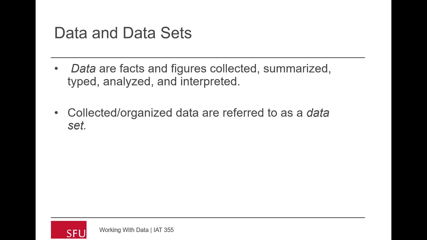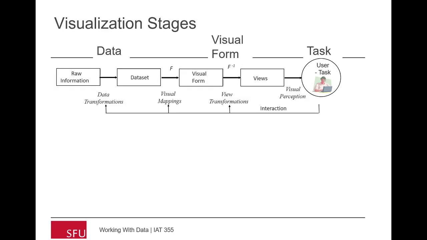So what are data? Well, data are facts and figures collected, summarized, typed, analyzed, and interpreted. We kind of all have a basic idea of what data are. And a collected, organized collection of data is referred to as a data set. So a data set is a collection and data are individual items.